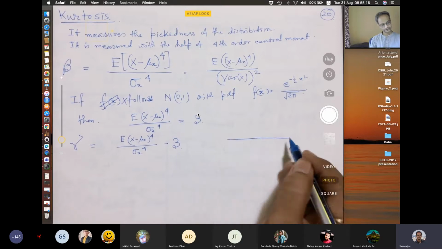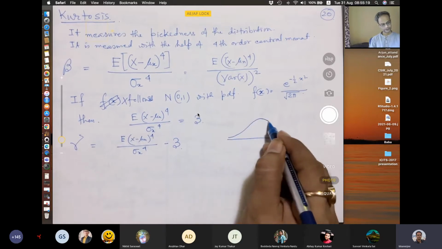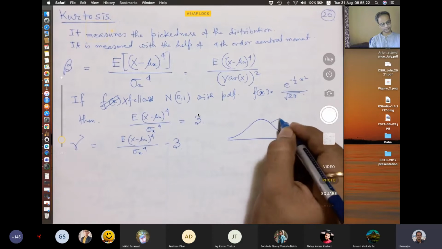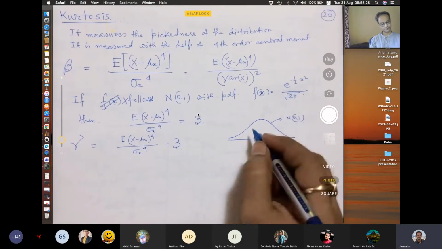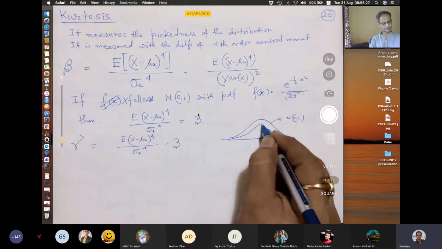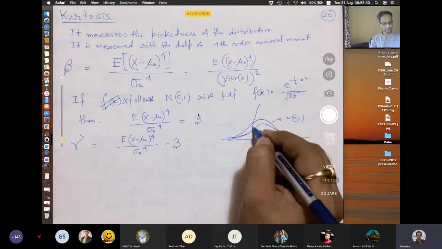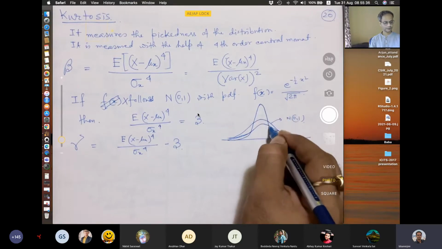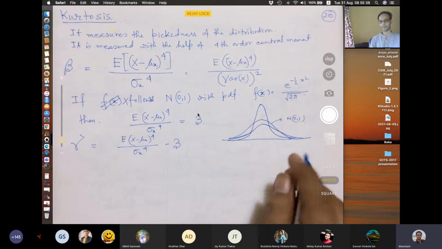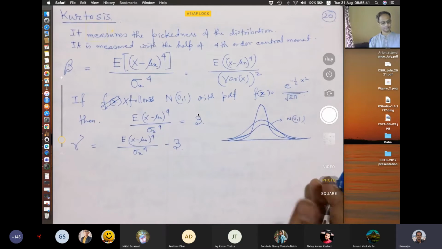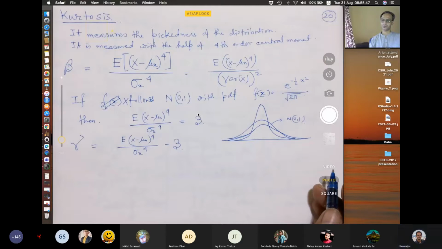So if this is the standard normal PDF, then either the graph will be below it or the graph will be above it. So this is the structure. Can you tell me, suppose two PDFs are there, both from continuous random variables.